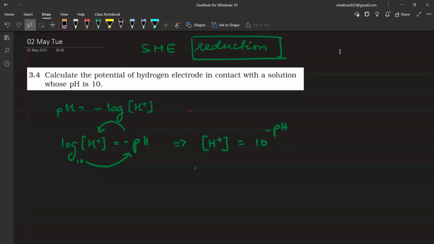What about others? Tarif, Rabia and Chavez. Can you please send me whatever you have done? Chavez, what about you? Chavez, am I audible? No. Okay, Chavez is not answering.